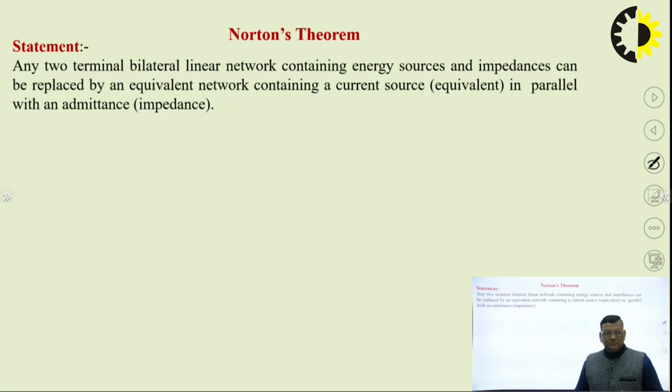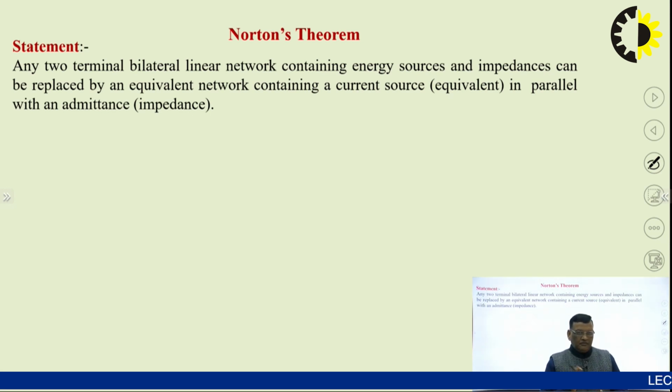Any two terminal linear bilateral network containing energy sources and impedances can be replaced by an equivalent network containing a current source equivalent in parallel with an admittance or impedance. If you remember, in case of Thevenin's, in place of the current source there was a voltage source, and in place of parallel there is series.